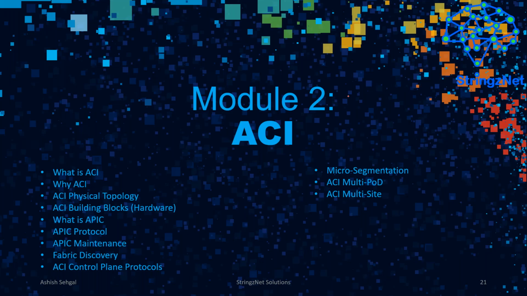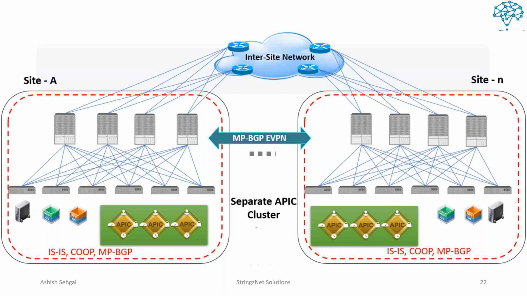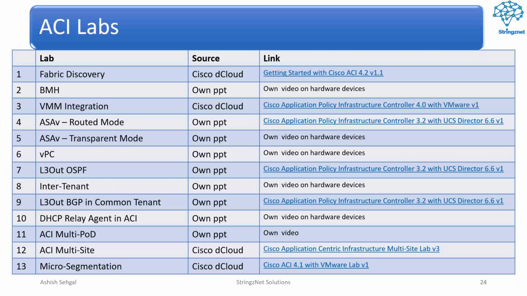Labs. Then we will be going for ACI as the second module. The theory and the labs. This particular module is predominantly lab oriented, wherein we are going to work on 13 labs.